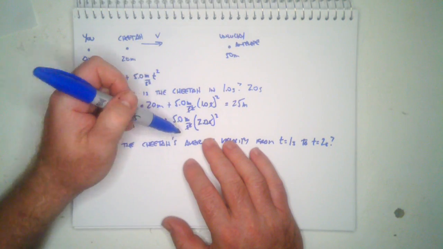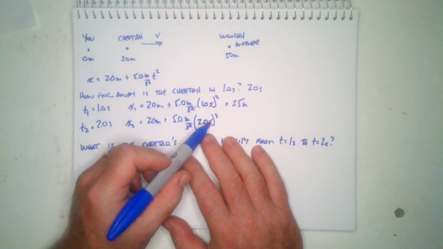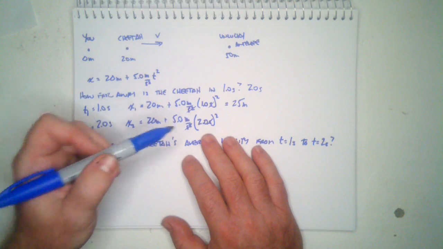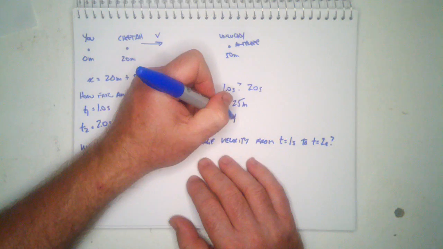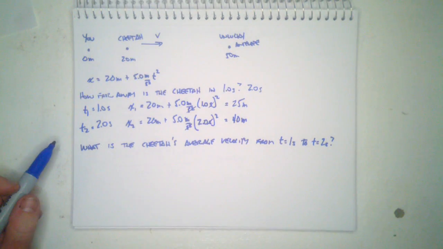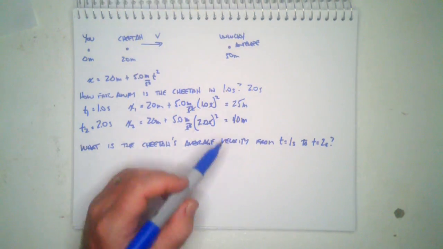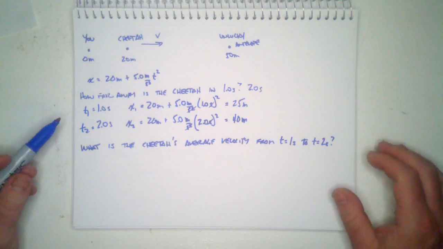These seconds squared cancel. 2 then becomes 4. So 2 squared times 5 equals 20, plus 20 equals 40 meters. So that's the cheetah's position after 1 second and 2 seconds.